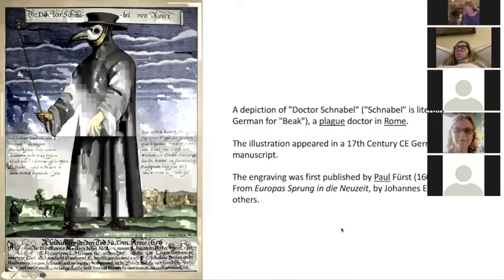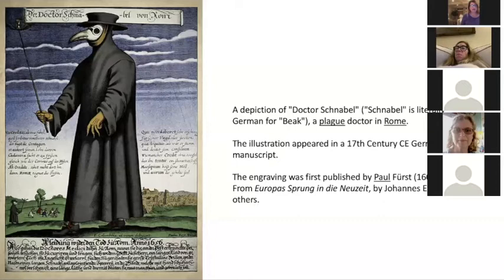This is probably one of the most iconic images, even though it's pictured here in jest. It is a German depiction, and it is titled Dr. Schnauzball, and Schnauzball is a German interpretation for bee, literally.